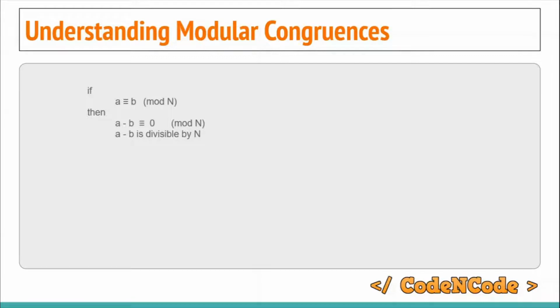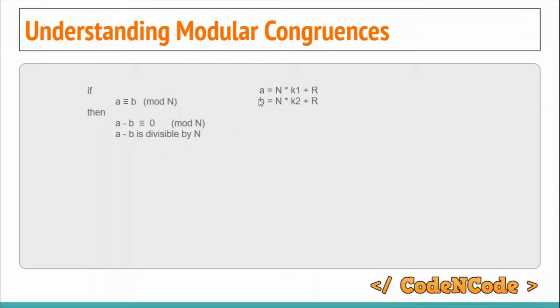If a number is divisible by another number completely, then that is the only way we get remainder 0. So let's prove this fact.